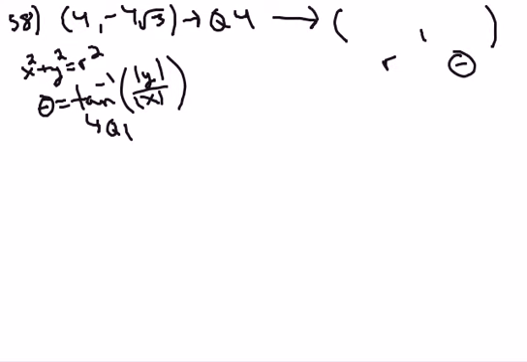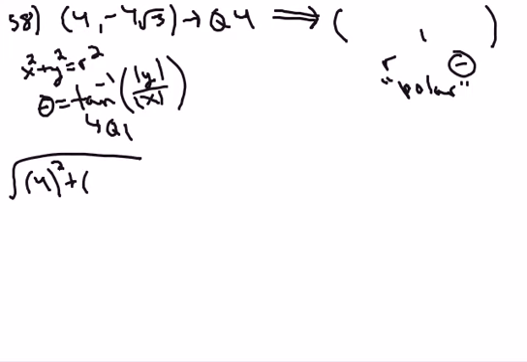So here we're going to be going to polar form. If I plug in 4 squared plus negative 4 root 3 squared equals r, and I do this, I get down to the square root of 16 plus 16 times 3, which is 48.